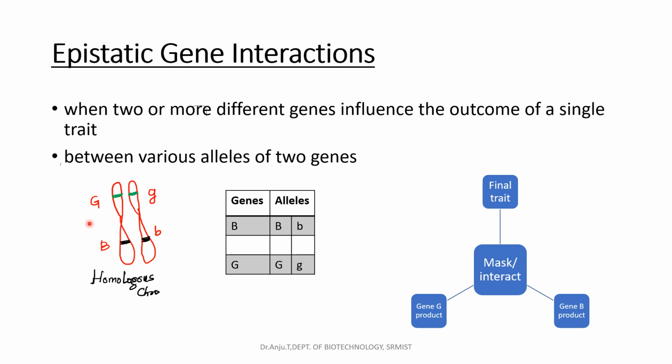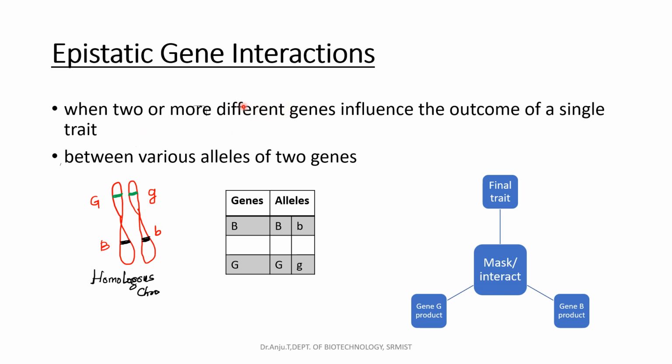The products of these two genes interact to produce the final triad. So the interaction of the alleles of the two genes influences the expression of the triad. That is called gene interaction, where two or more genes are involved in the outcome of a triad.